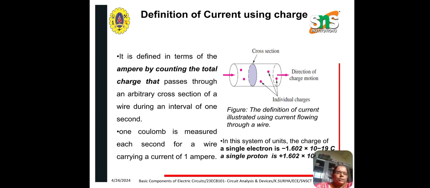We can also say 1 ampere is the current carried because of 1 coulomb of charge, which is measured in each second in a wire. The value for a single electron is minus 1.602 into 10 power minus 19 coulombs, and the value of a single proton is plus 1.602 into 10 power minus 19 coulombs.